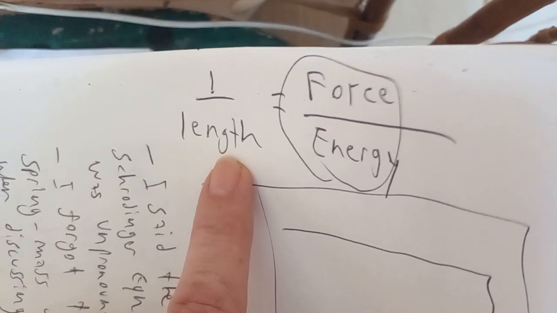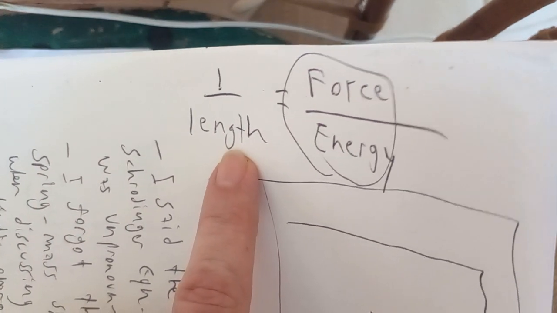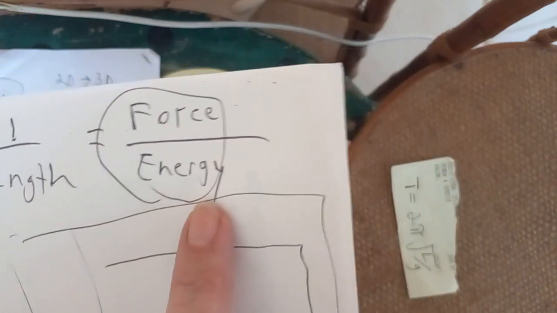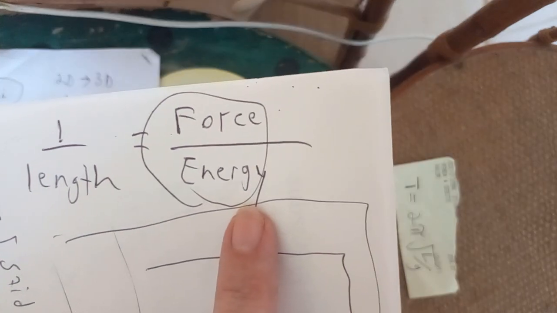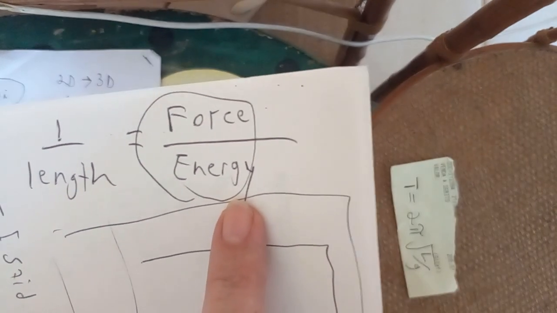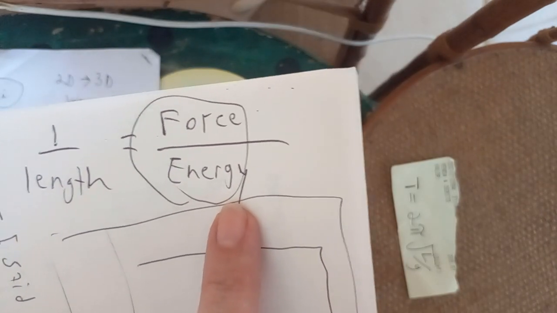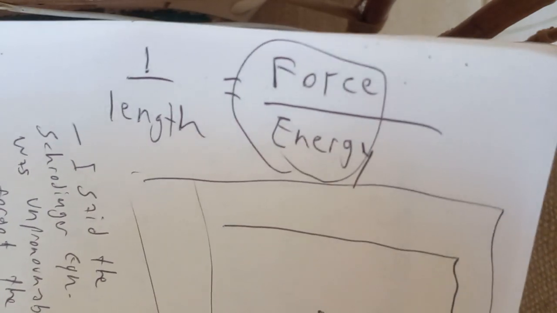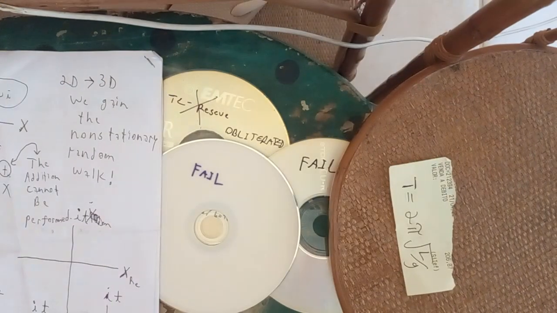But of course, that's a complex number, and we're conjugating it, and so the interpretation would be 1/length, which is force over energy. Or if you prefer, depending on the context, the square root of force over energy. But that's one thing we ought to look at because we want to understand it.